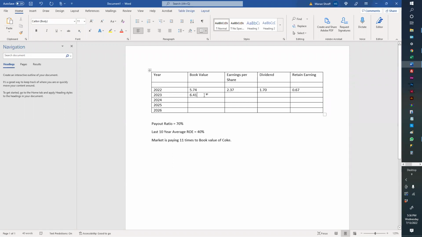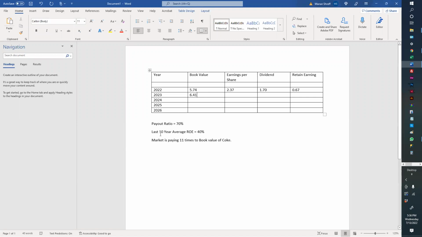We can calculate this, and this is only possible for companies like Coca-Cola. If it's a cyclical company, where one year it's making $3 and another year it's making negative 50 cents, this method would not work. This is working for Coca-Cola because it's consistently producing that kind of earning. So we have a new book value now, $6.41, in year 2023.